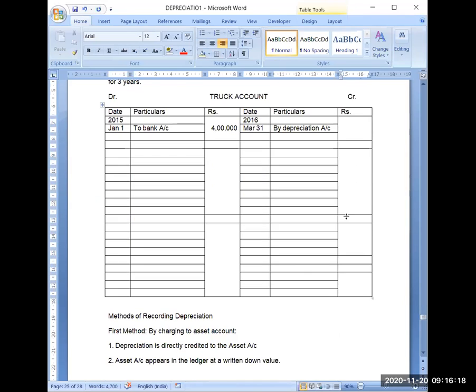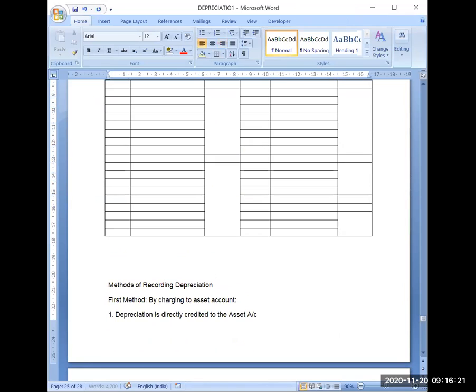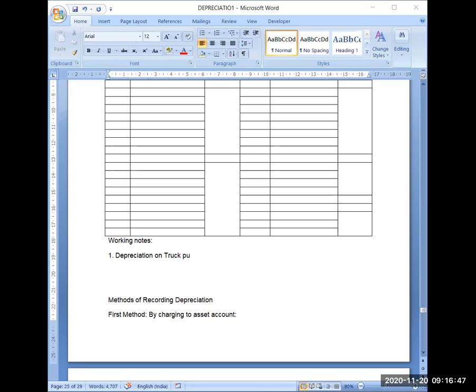Then we will calculate the depreciation in the working notes. Depreciation on truck purchased on January 1, 2015.